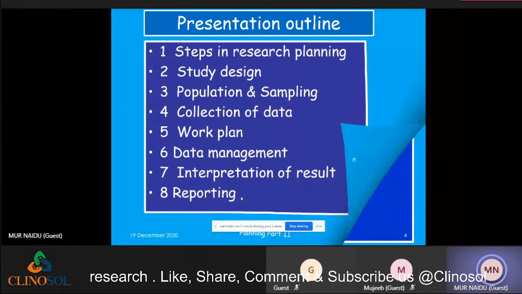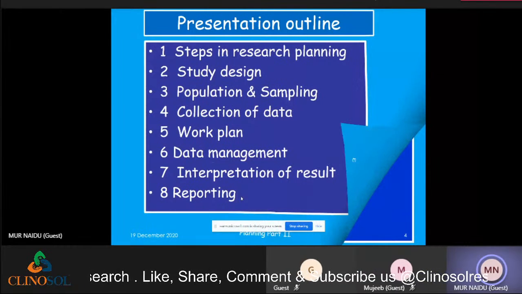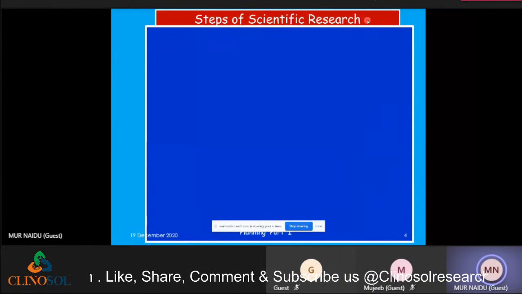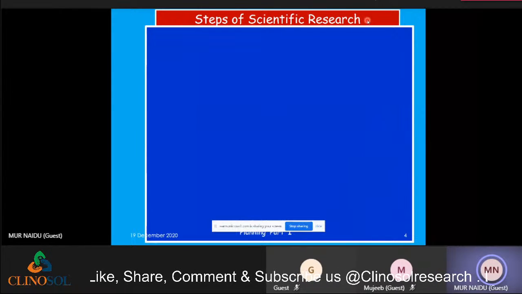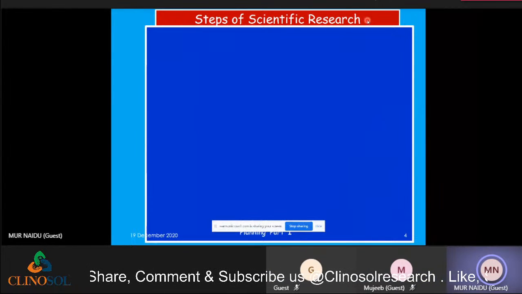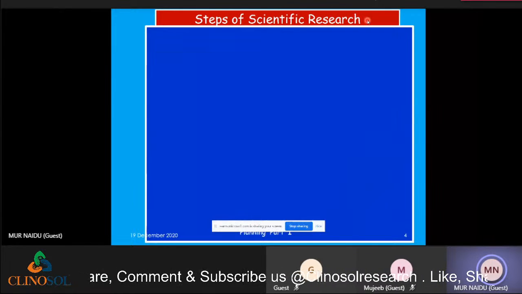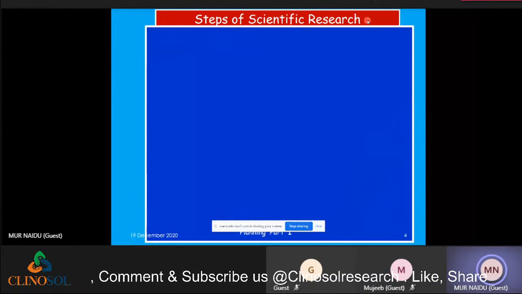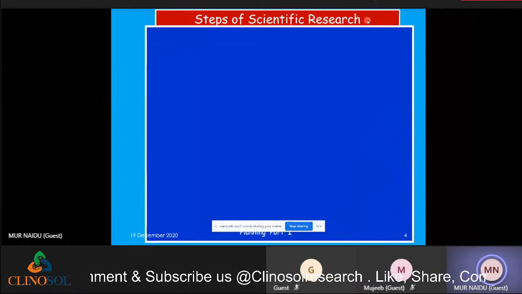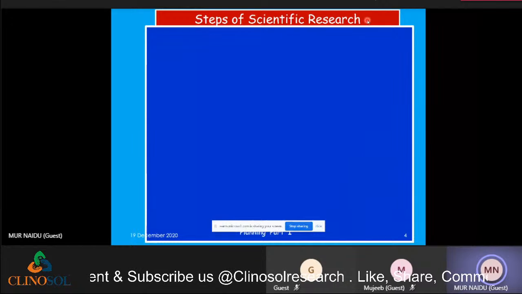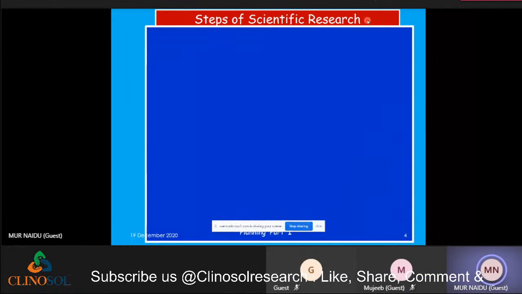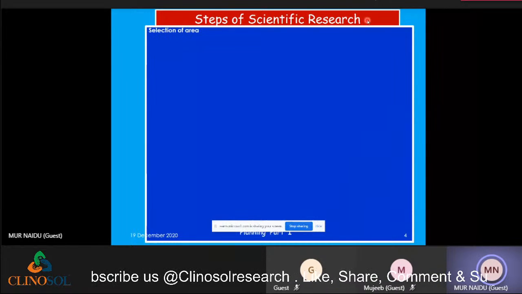Coming to this slide, I showed it last time also, but because it is very important to understand what steps are involved in scientific research, I just want to repeat it for the people who missed the previous session. This is a very important step which covers each and every part of doing scientific research. Now let us start.